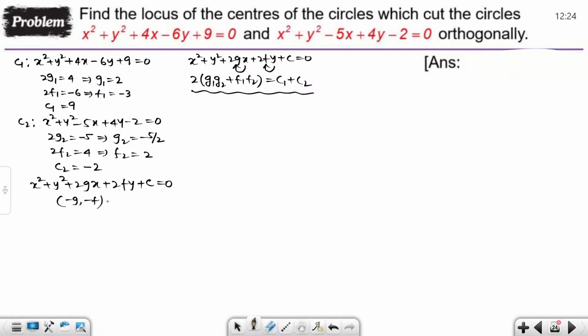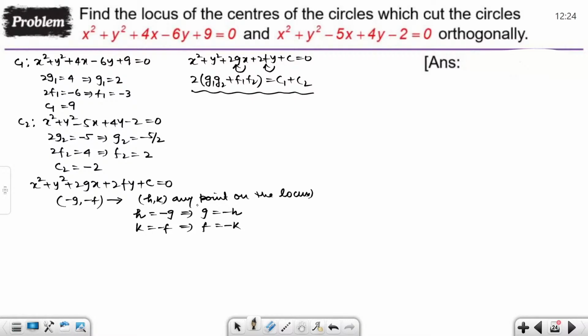Now I have to find out the locus of the center of those circles. So let me say h comma k be any point on the locus. You will say, sir, h is minus g implies g is minus h, and k is minus f implies f is minus k.